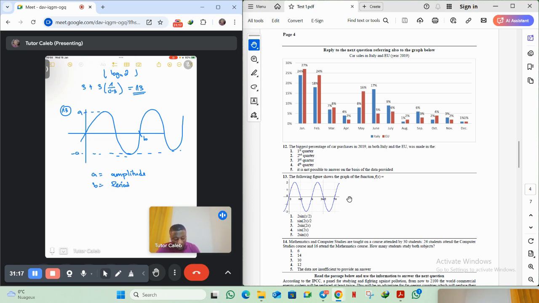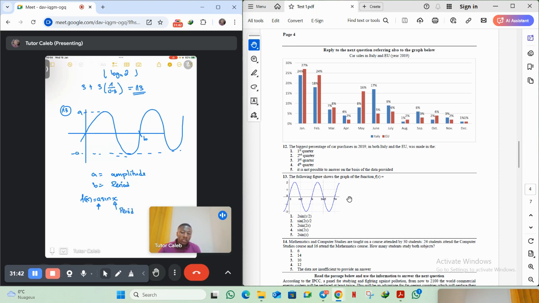Now, the graph of the function f of x is equal to a sine x. The amplitude usually stands in front of the sine x, such that we have a sine x, your amplitude will be indicated here, and x here will be what they call the period.